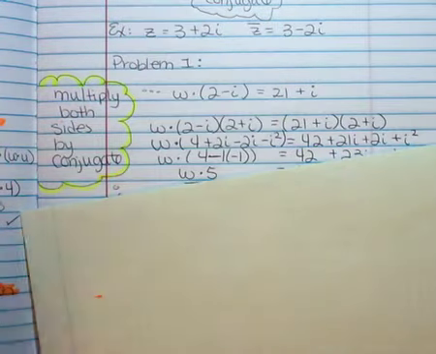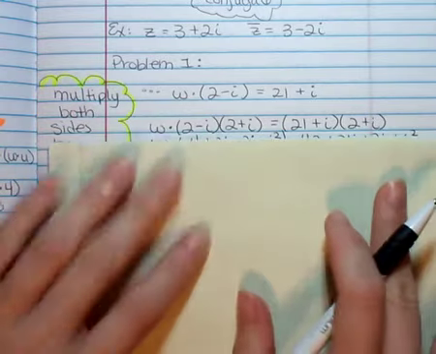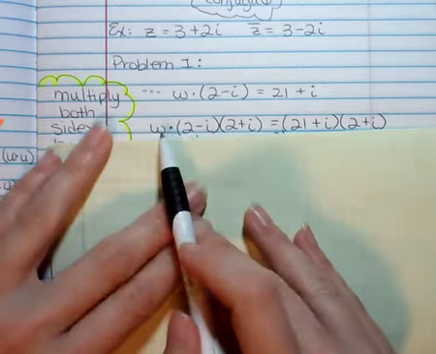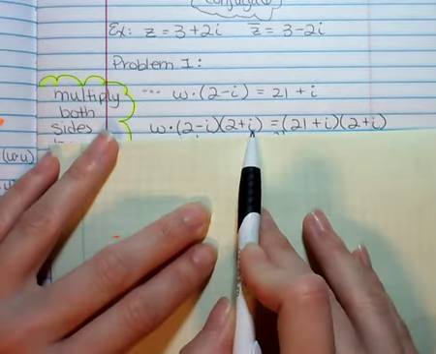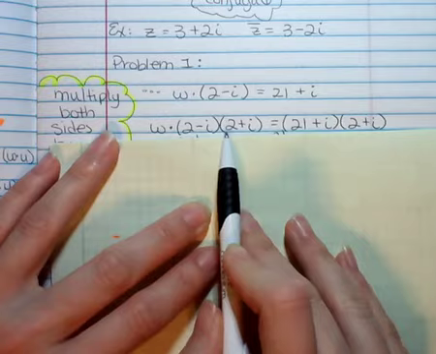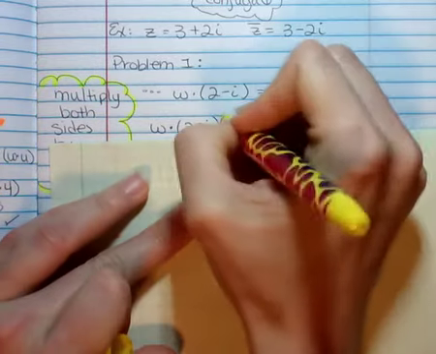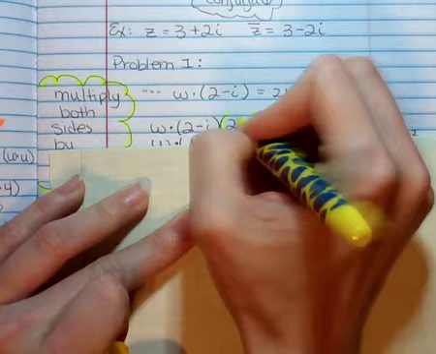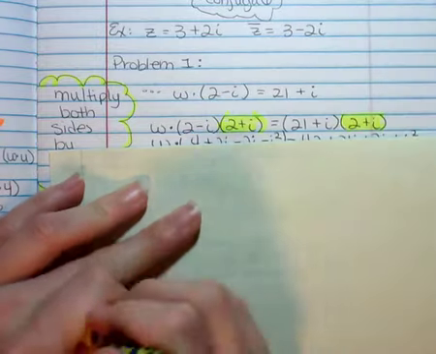That is always a useful tool when we are talking about complex numbers, multiplying by the conjugate. Let's see what happens when we do that. The conjugate of 2 minus i is 2 plus i. So we're going to multiply both sides by 2 plus i. That is the conjugate that we are multiplying by. I'm going to highlight that so we can see it on both sides.